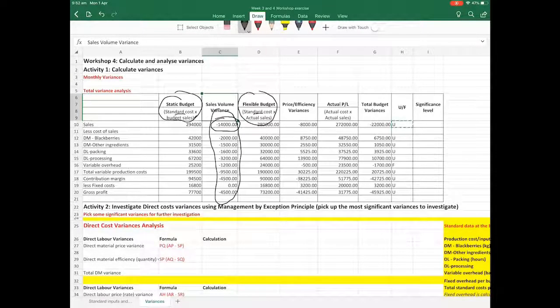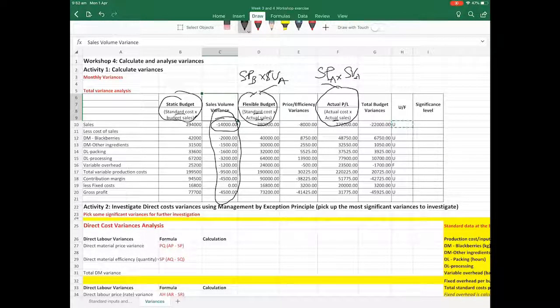Now, if we look at this one and this one, they have the same actual sales, and the standard cost and the actual cost. So this price and efficiency variance is caused by the cost or the price. Let's say the sales: the flexible budget sales equal the budget sales price times the actual sales volume, and the actual sales equal the actual sales price times the actual sales volume.